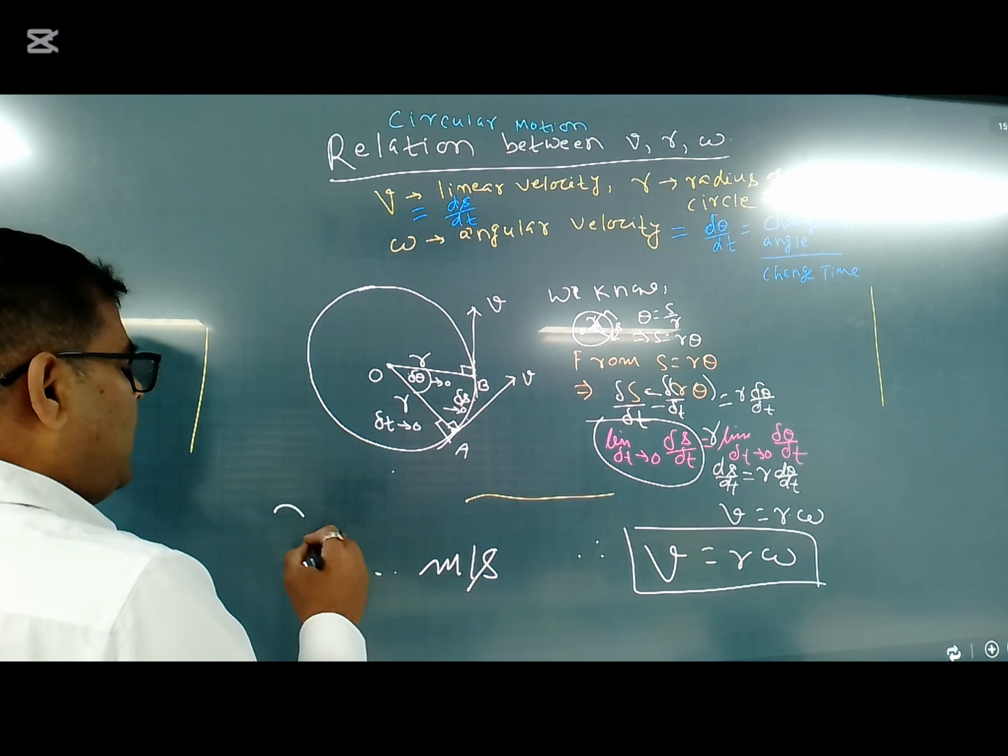For s equals r theta, theta, or here also del theta, is measured in radians. So theta is in radians and time in seconds. So you can also write rad per second. This way we see the relation between the linear velocity and omega, that is angular velocity.